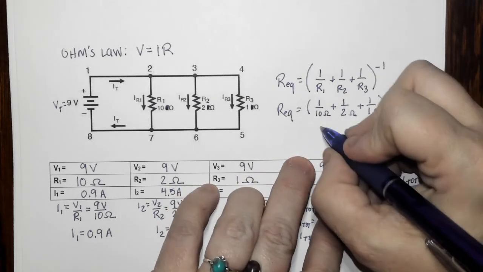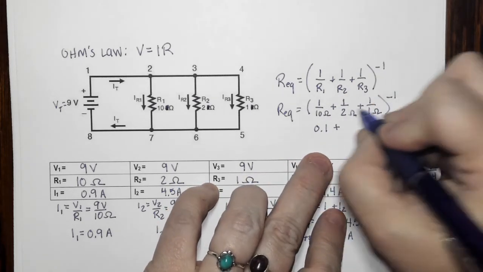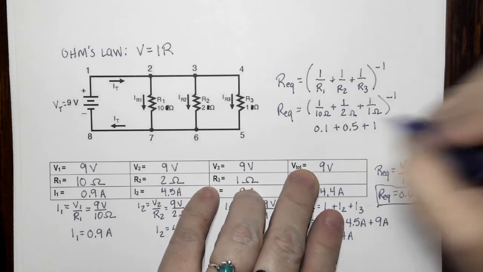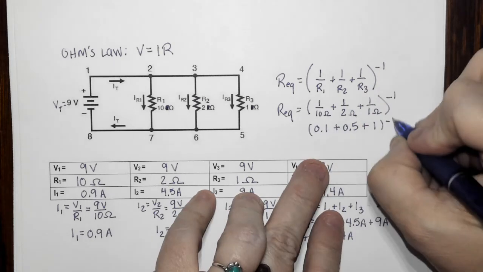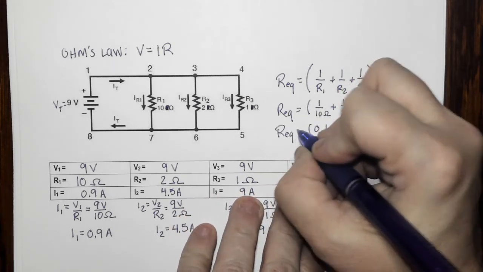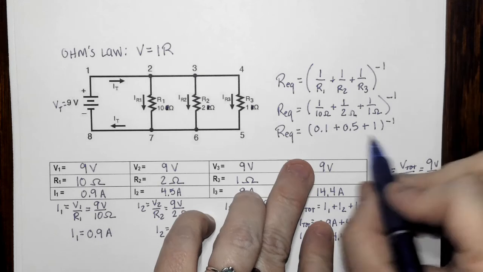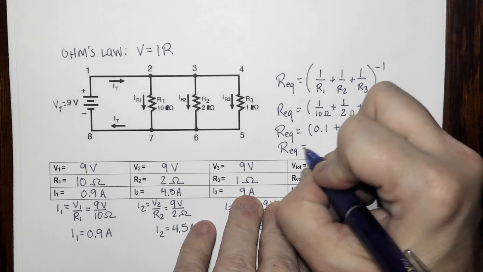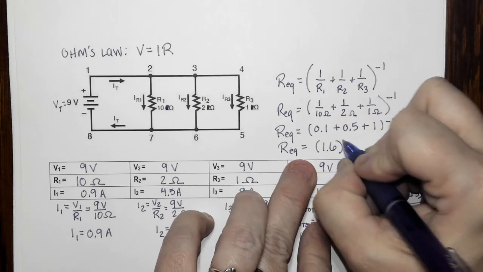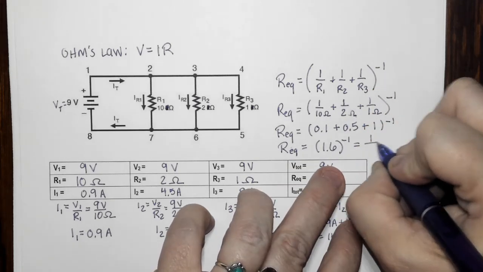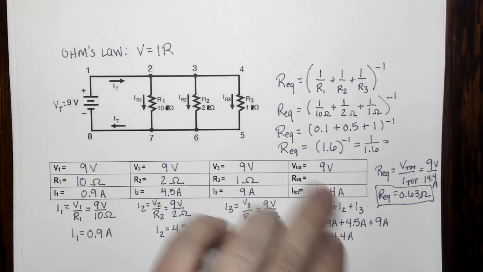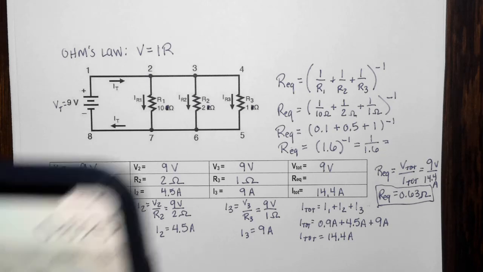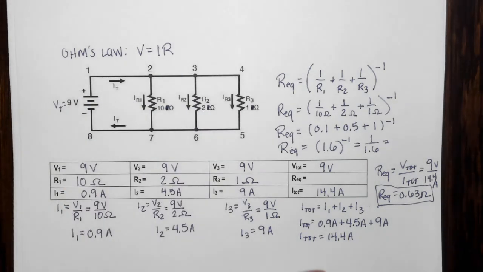So I have 0.1 plus 0.5 plus 1, right? All to the negative 1. So basically what I have here is 1.6 to the negative 1, which is equal to 1 divided by 1.6, which when I do that, boom, 0.625.